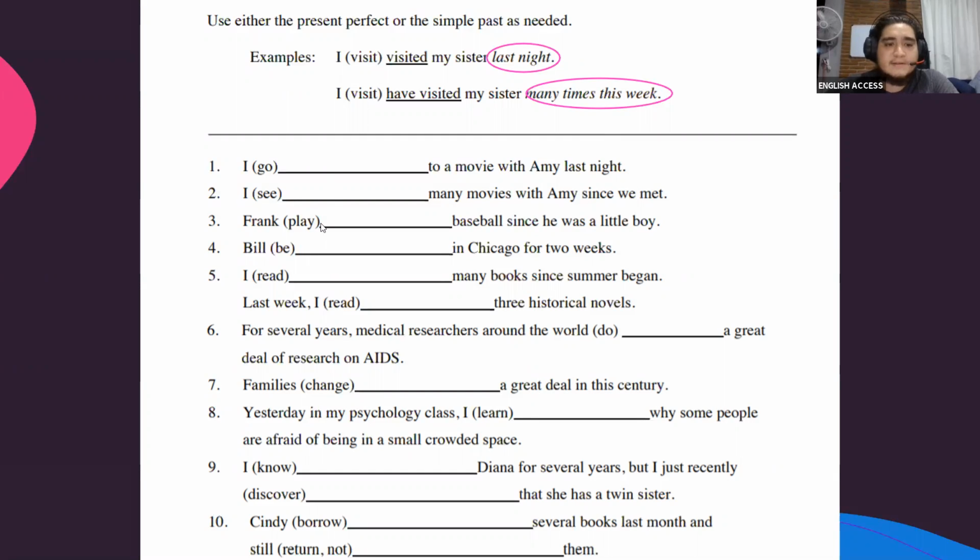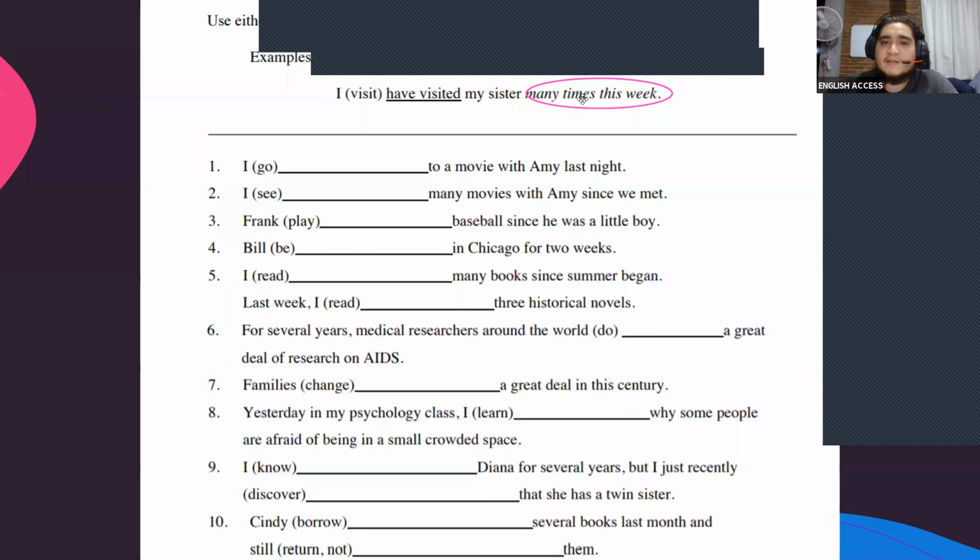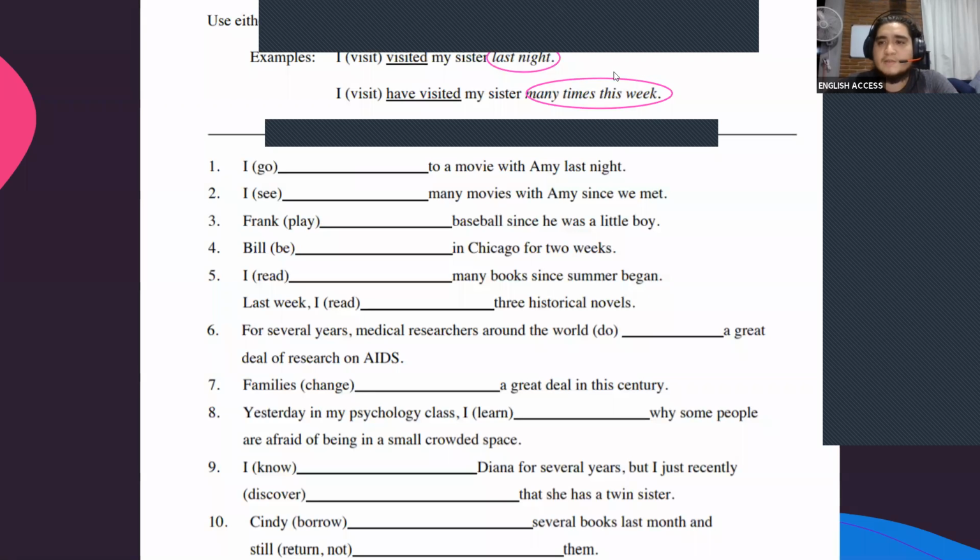Now, we have here 10 sentences, and you have to use either the present perfect or the simple past, okay? Try to do it focusing on these expressions, because they are going to give you the hint that you need to complete this exercise, all right?